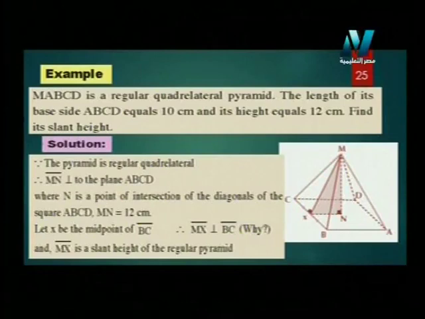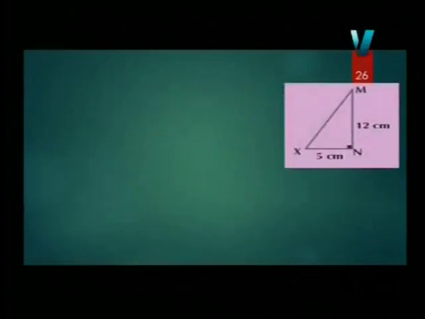Because the triangle MBC is an isosceles triangle, and from the previous studying, if we have an isosceles triangle and a median inside it, the median will be perpendicular to the base, and MX is the slant height of the regular pyramid. Like that, MN is the height, which equals 12 centimeters, NX is half the base side, which is 5 centimeters, and you would like to find MX.